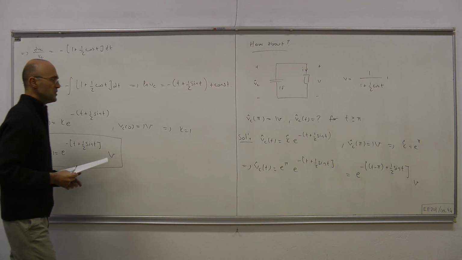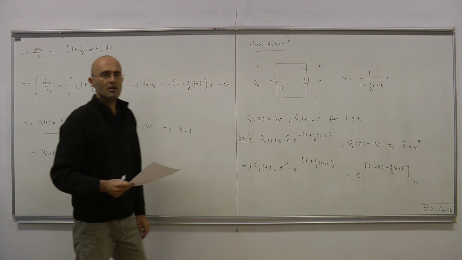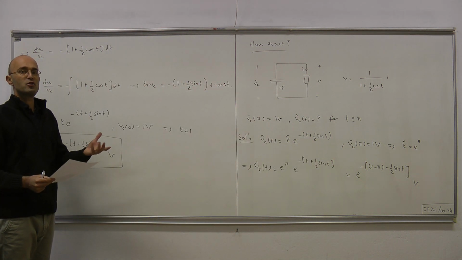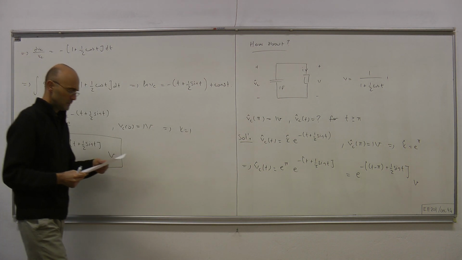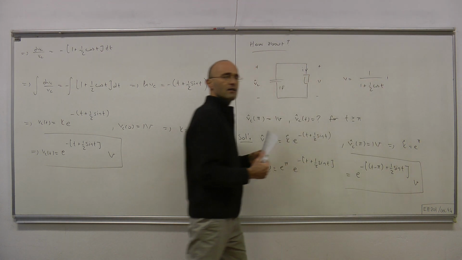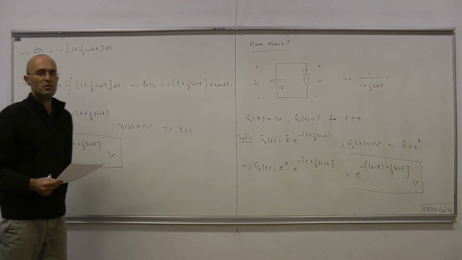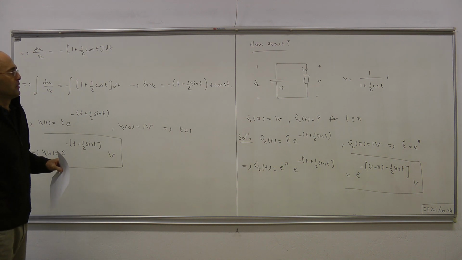Okay. We have VC t here, and we have the solution for the same circuit, for the same initial condition, but starting at a later time. By comparing these two solutions, we immediately see that time invariance property is lost.